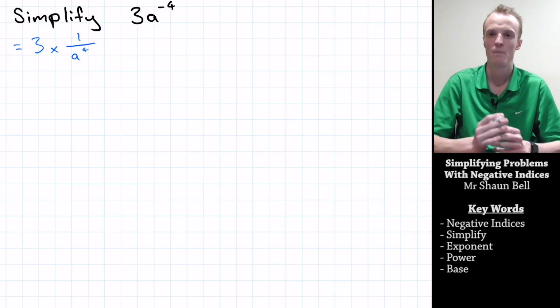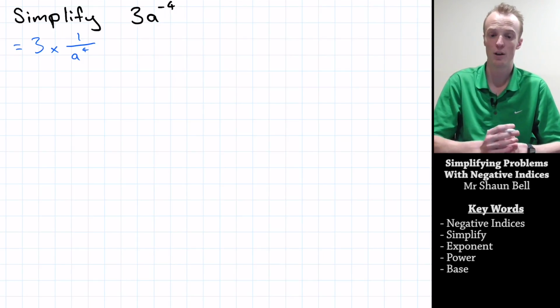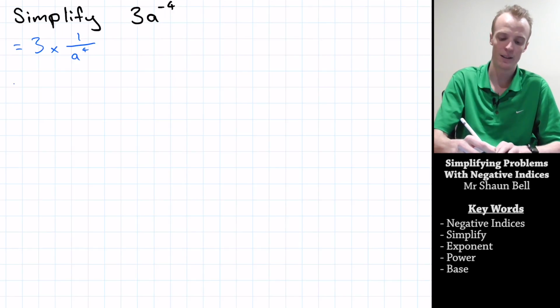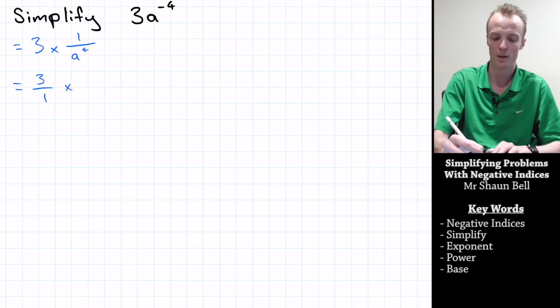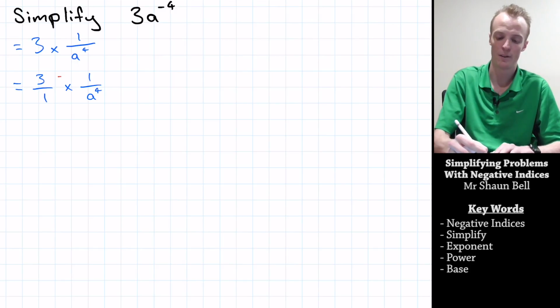power. But when we're multiplying a fraction, we need to represent both terms as fractions. So this is going to be equal to 3 over 1 multiplied by 1 over a to the 4th power. Now we've represented it both as fractions, we multiply the numerators together and we multiply the denominators together.